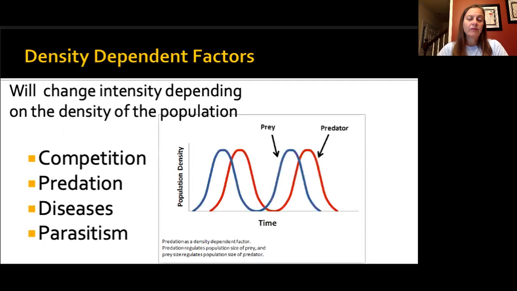So we very often see this sort of cyclical pattern, so that as the population of the prey increases, well, if you have more prey, then you can have more predators. And as the predator level increases, that's going to decrease the number of prey. And so we get this offset cyclical pattern.